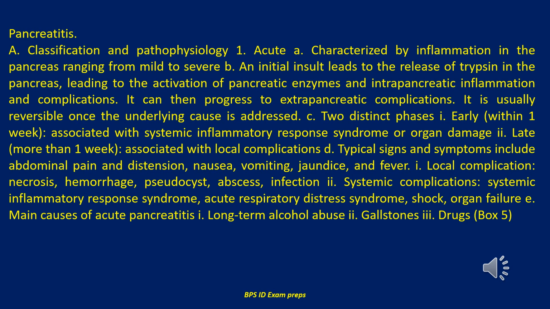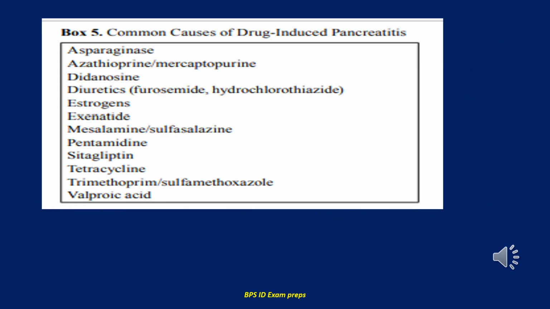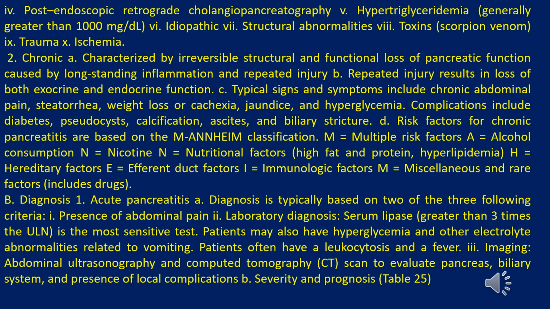The main causes of acute pancreatitis are as follows: 1. Long-term alcohol abuse, 2. Gallstones, and 3. Drugs as shown in Box 5. Pause the video and carefully scrutinize Box 5 summarizing common causes of drug-induced pancreatitis. Other causes of acute pancreatitis include 4.